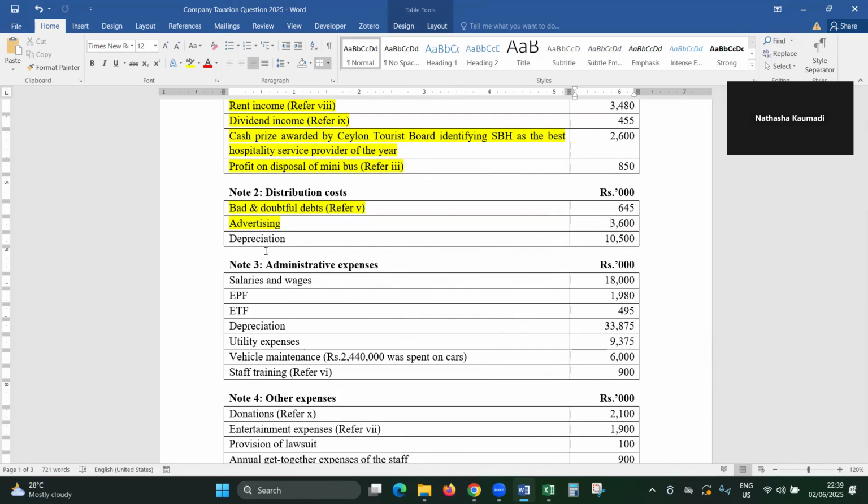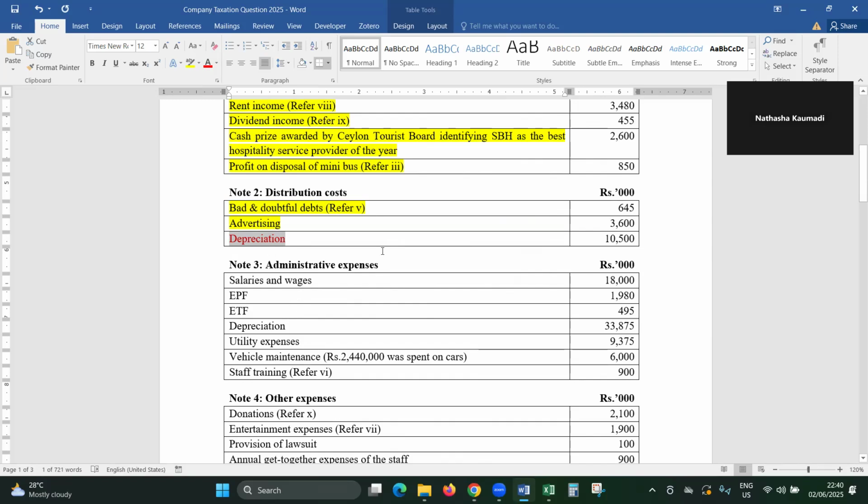No. We have to add back accounting depreciation, and we can deduct the relevant capital allowance. That means you have to calculate depreciation in terms of taxation, capital allowance. So this is not allowed, 10,500. But I'll keep it like that in red.